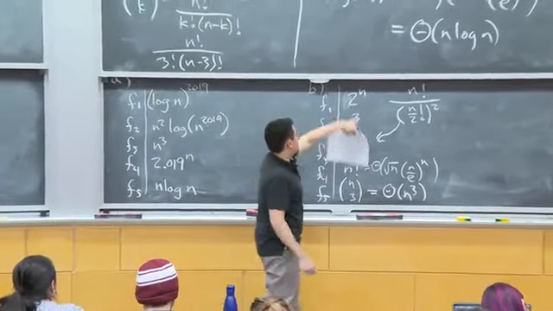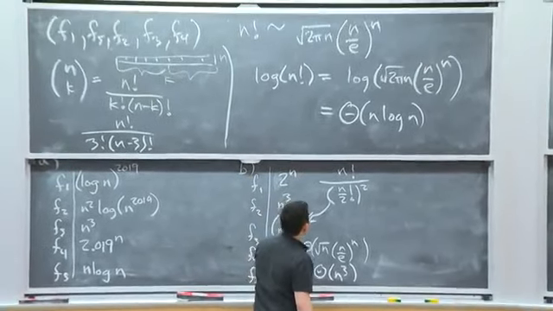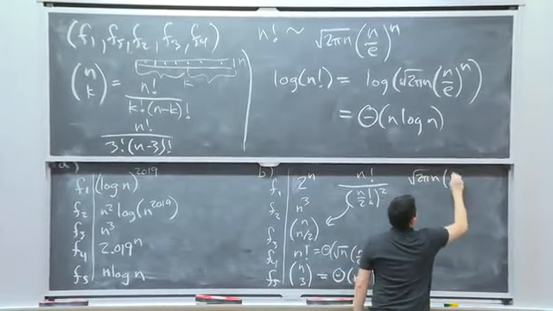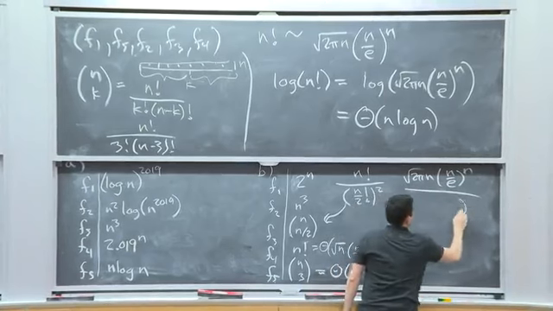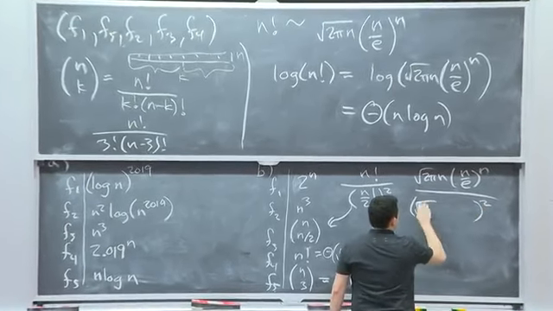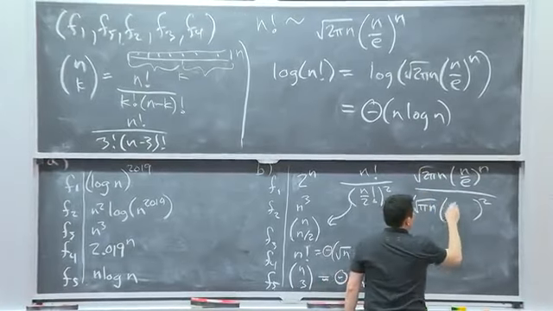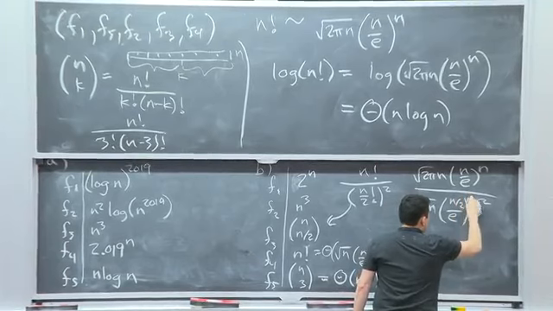Now let's replace this stuff with Stirling's approximation and see if we can simplify. Okay? So on the top we have square root of 2 pi n times n over e to the n over, and then we've got a square here, pi n, I canceled the 2, n over 2 over e to the n over 2.